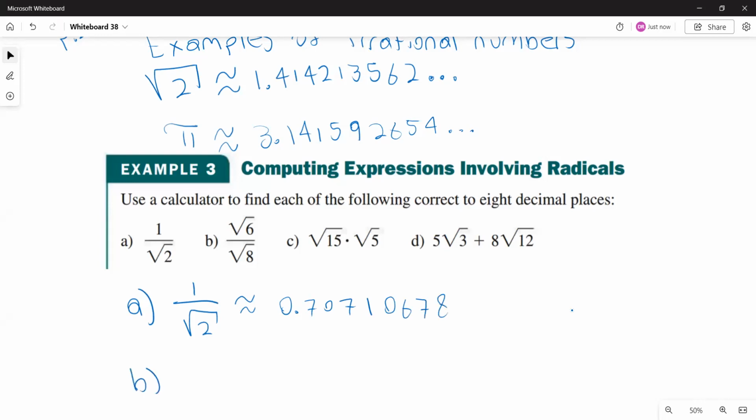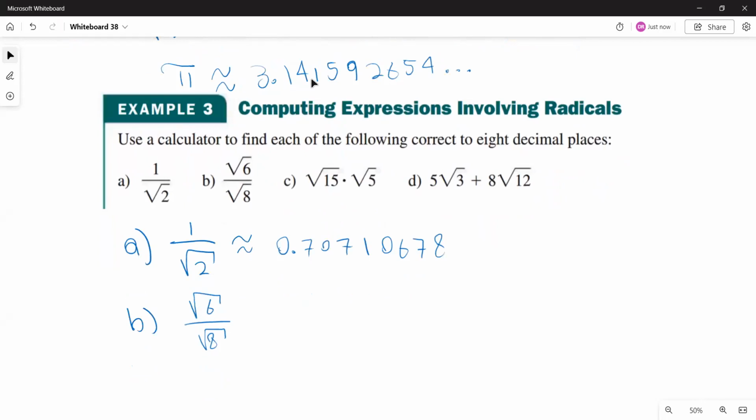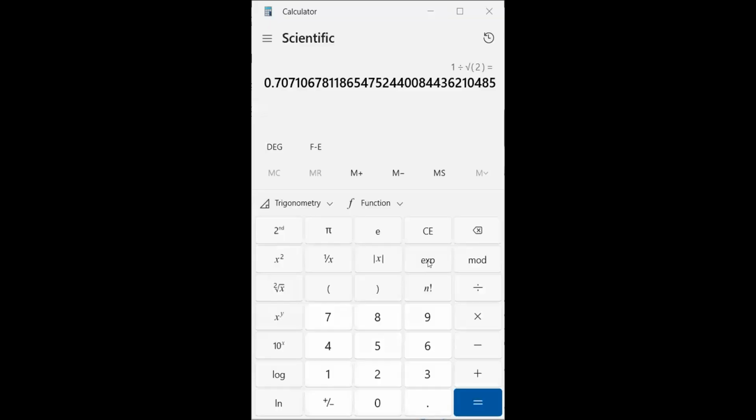B, we're going to approximate square root of 6 over square root of 8. And let's see what happens. Square root of 6 over square root of 8.